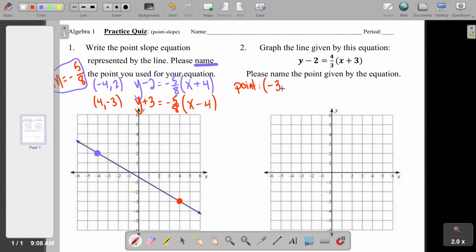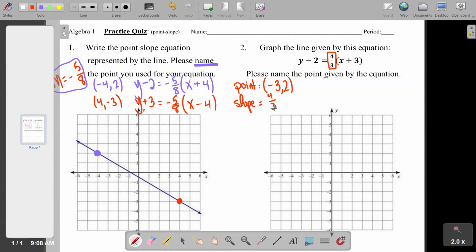Good job. -3 and 2. And you should also name the slope. I think that's important that you would say that the slope of this line is equal to 4/3. So you want to commit yourself to writing both of those things down.